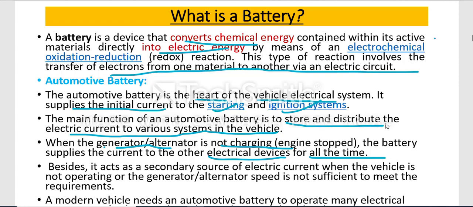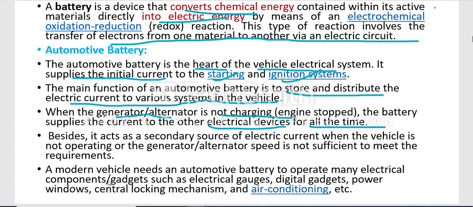Okay, suppose at the starting time engine is not running, in that case no electricity is there, and that electricity or current is supplied by the battery. Okay, and along with that some equipments or accessories are there in the automobile, that is electrical components or gadgets such as electrical gauges, digital gadgets, power windows, central locking mechanism, and air conditioning. So all these are the accessories or systems attached to the vehicle.